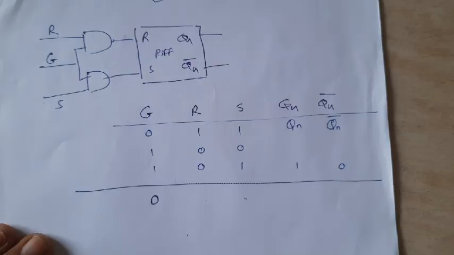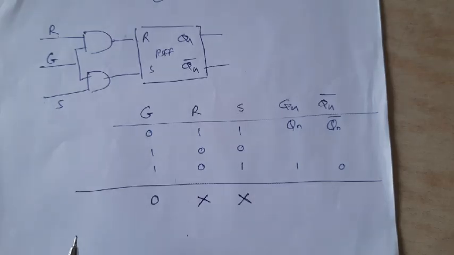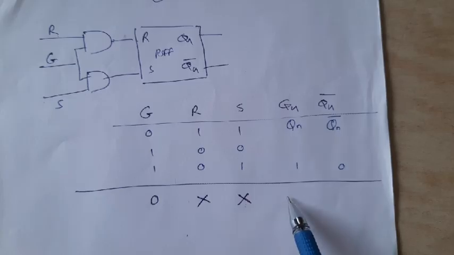How can I represent this? Here I can represent it as X, and X indicates don't care, that is, it may be 0, may be 1. So it is 0 0, 0 1, 1 0 and 1 1. In any case, the output remains as it is.